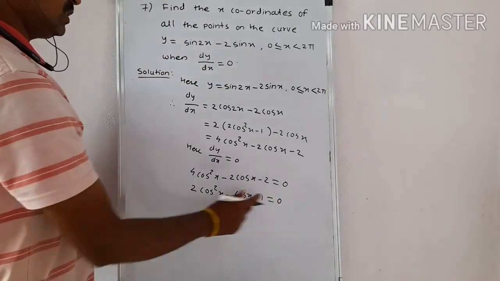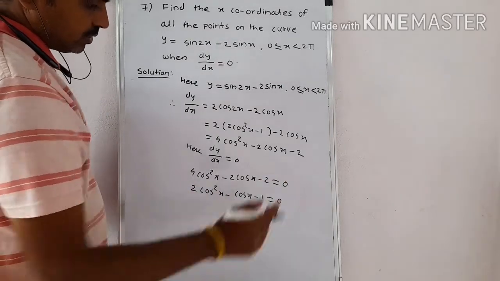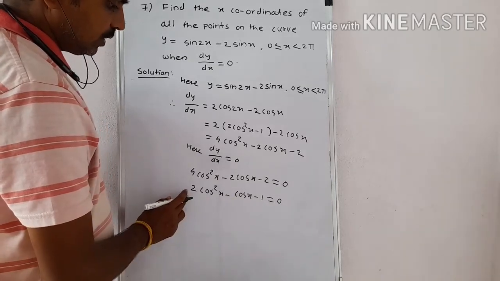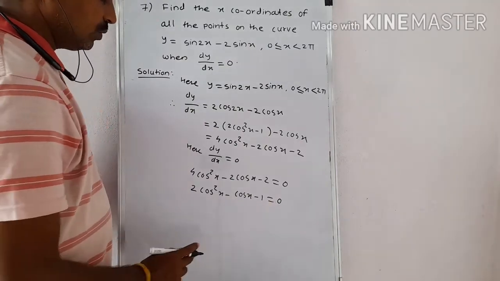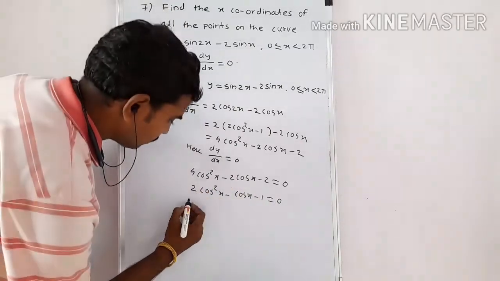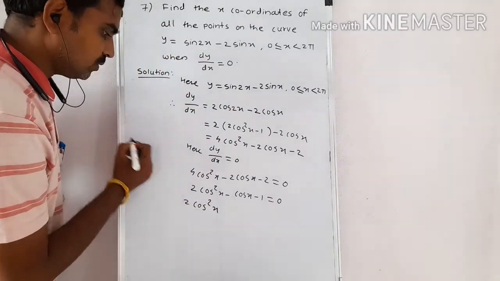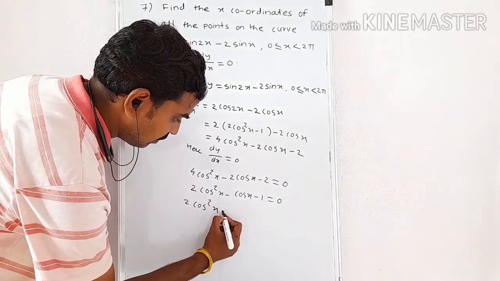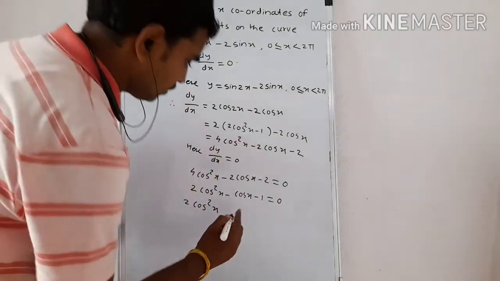So I have to factorize this expression like quadratic equation. This is quadratic in terms of cos x. Therefore we have to factorize 2 into 1, 2 factors of 2 whose subtraction is minus 1. That is, we get 2 cos square x. What are factors of 2 whose subtraction is minus 1, minus 2 and plus 1.